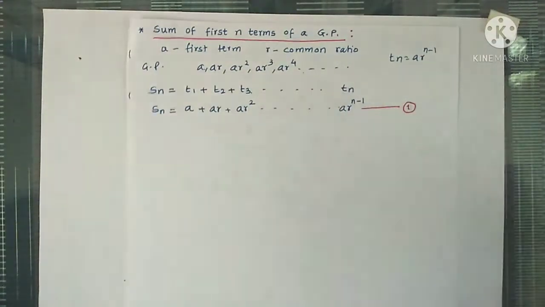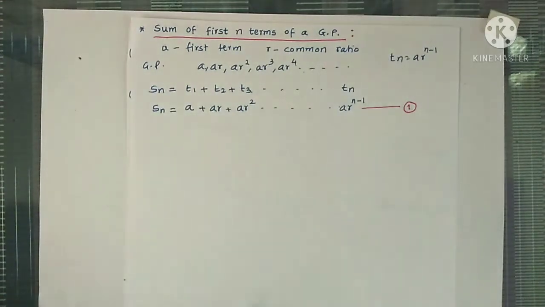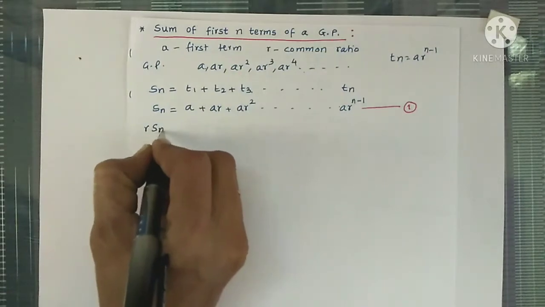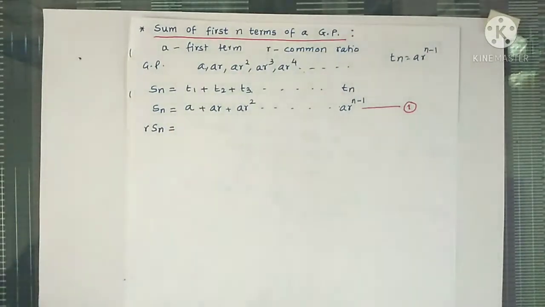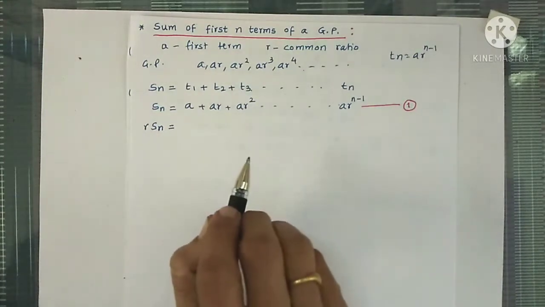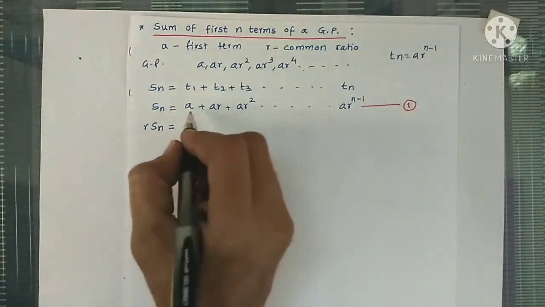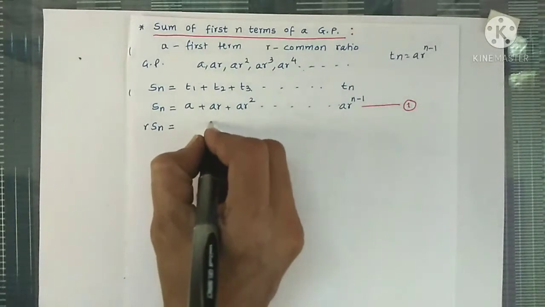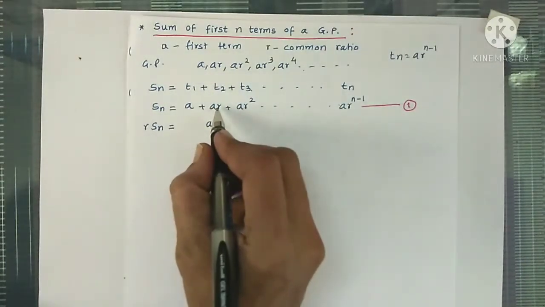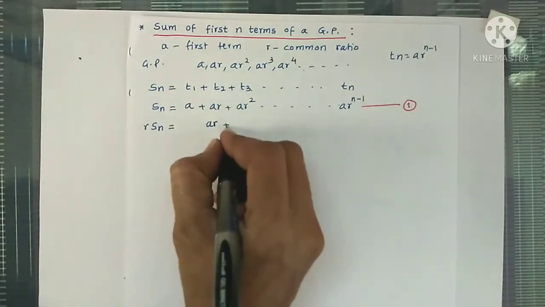Now let's multiply all the terms by R. When we multiply all the terms by R, here we get R Sn. And multiplying by R to each term, the index of R increases by 1. So the first one becomes A into R, AR. Multiplying the second term by R, we get AR square.